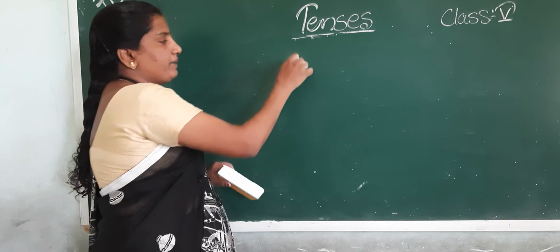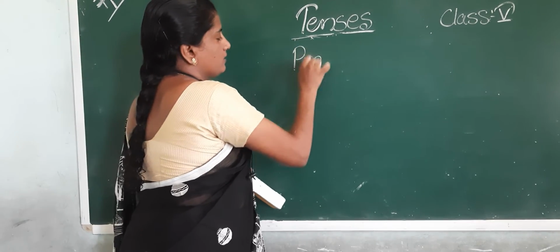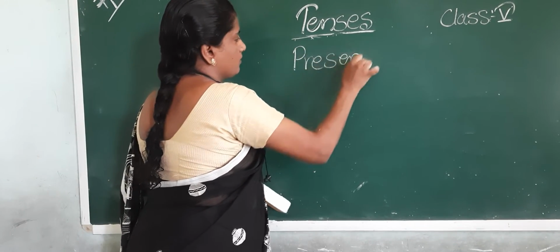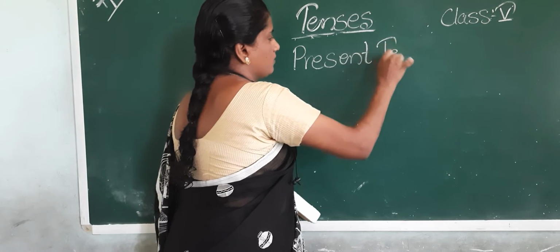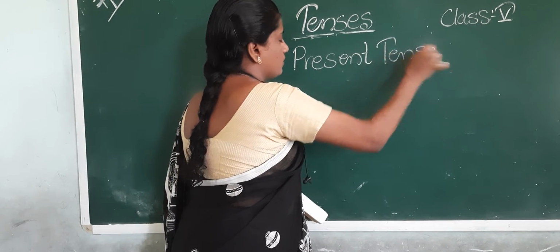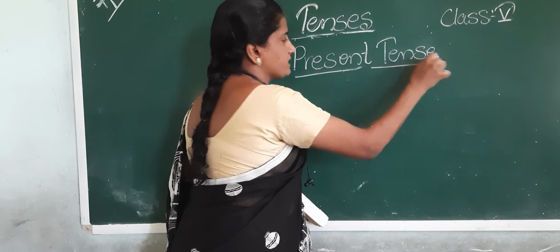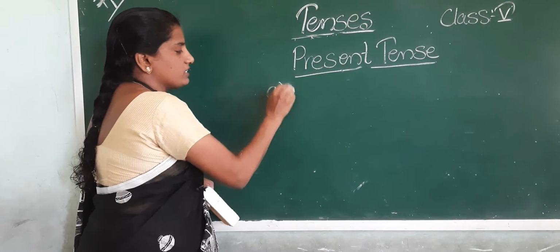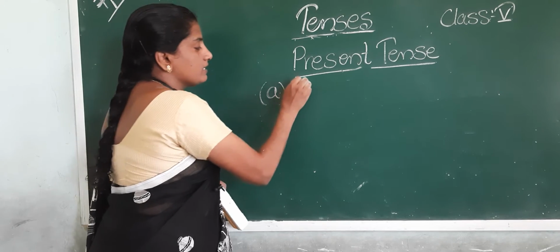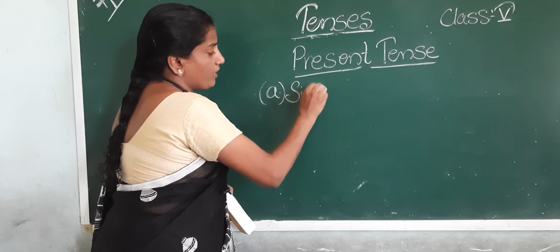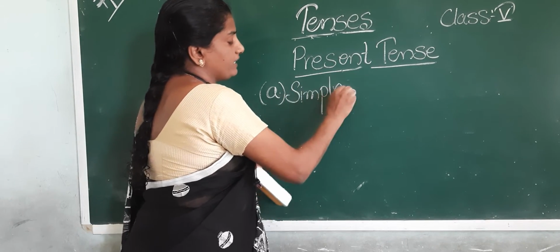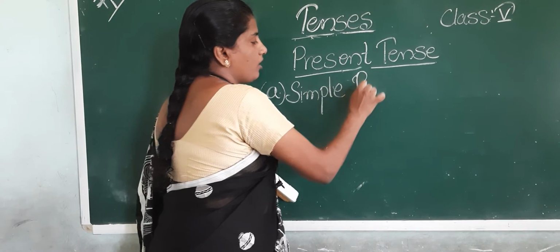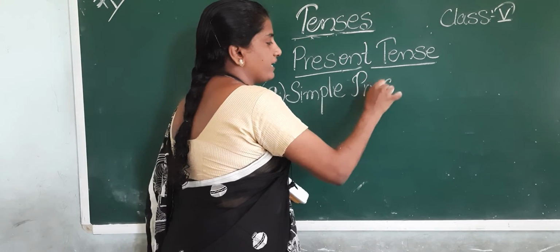Now see, children, present tense. Today we will discuss the first and the second type of the present tense. Our first type is simple present. Where do we use simple present and how can we use the tense?